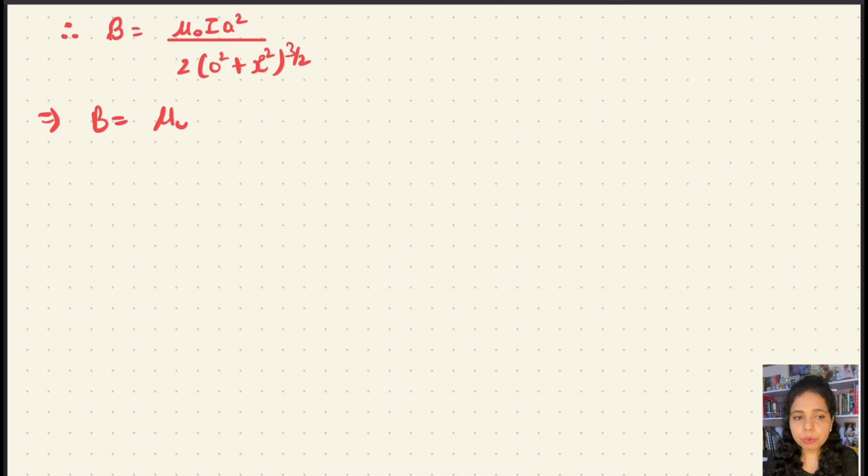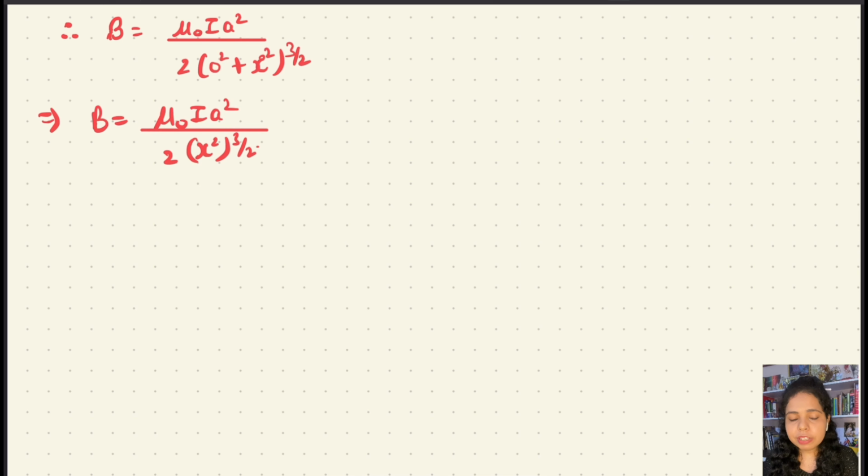We have B is equal to mu naught I a square upon 2 into (0 square plus x square) whole raised to power 3 by 2, which is rewritten as B is equal to mu naught I a square upon 2 into (x square) whole raised to power 3 by 2, cancelling out 2.